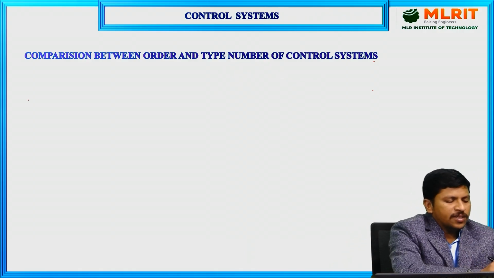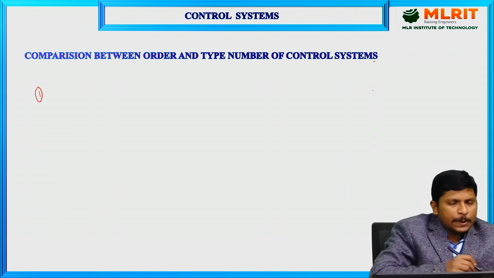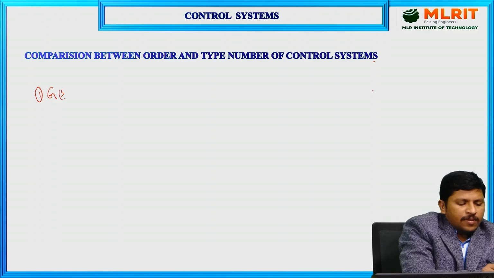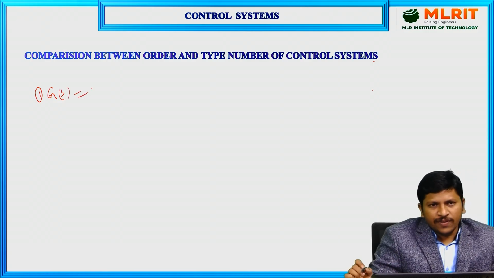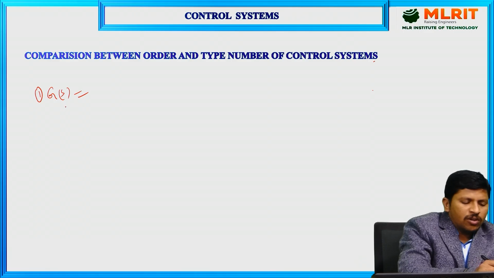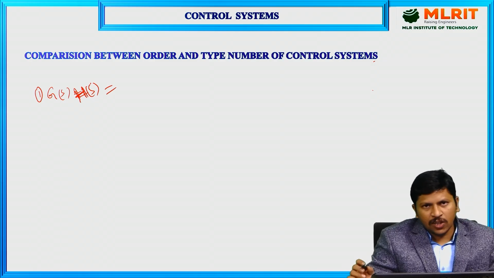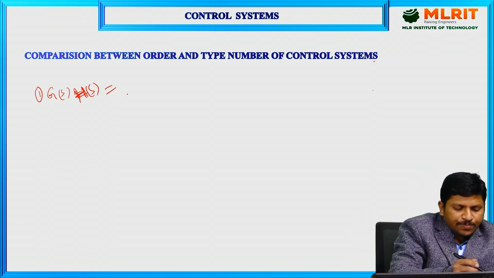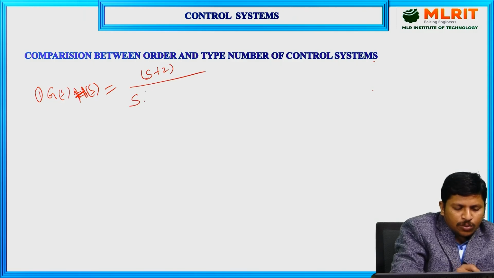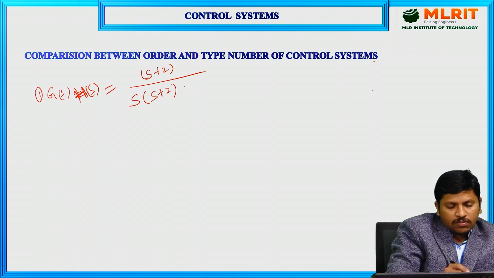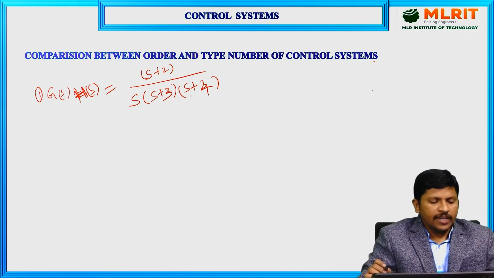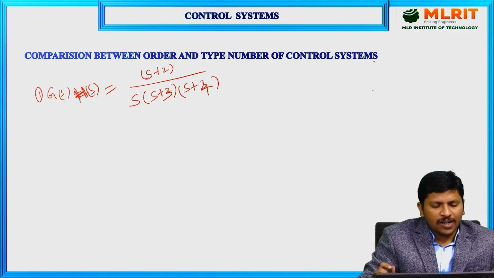For example, the first one: G(s), for unity feedback here, H(s) equals 1, so G(s) into H(s) equals (s+2) divided by s(s+2)(s+3)(s+4). Here we find and compare the order and type number of the given system.